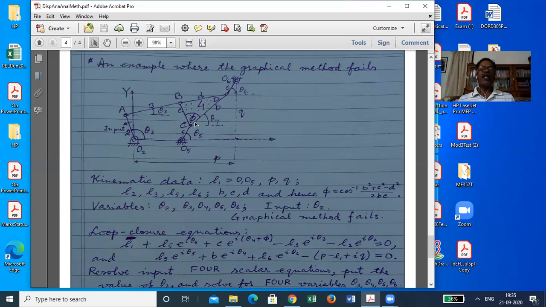And for this ternary, there are 3 important lengths. I am representing them as small b, small c, small d, because the vertices of this ternary link are B, C, D. Connection points are B, C, D. So using the standard notation, if the triangle is triangle BCD with vertices shown by capital letters, the opposite sides are shown by small letters. That is what we are doing here.